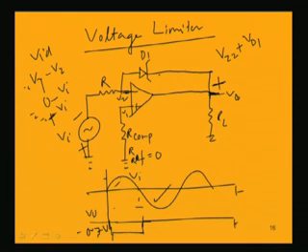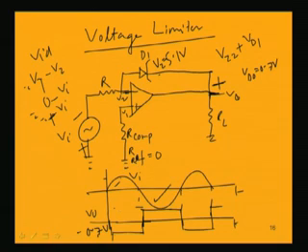If the Zener voltage Vz is 5.1 volt and Vd0 is 0.7 volt, then the output V naught will be 5.1 volt.